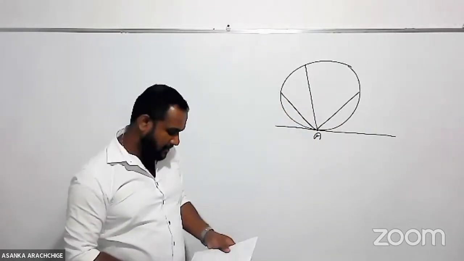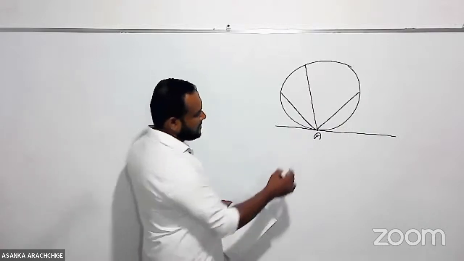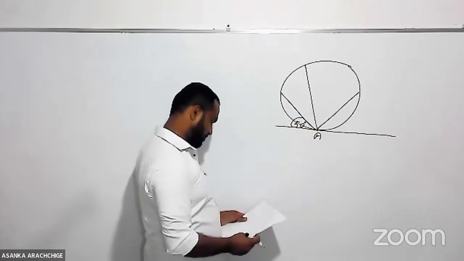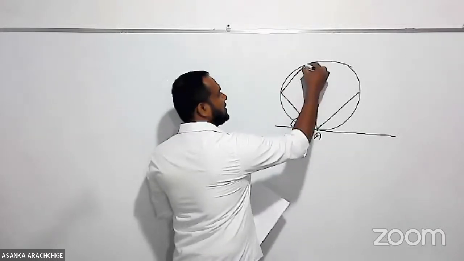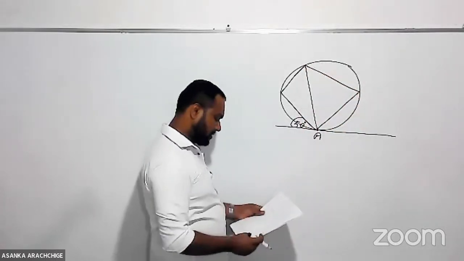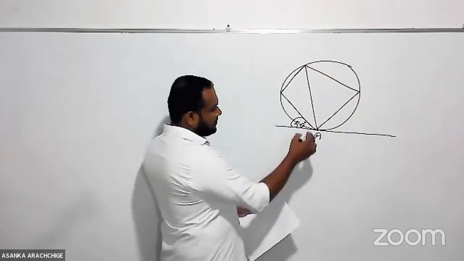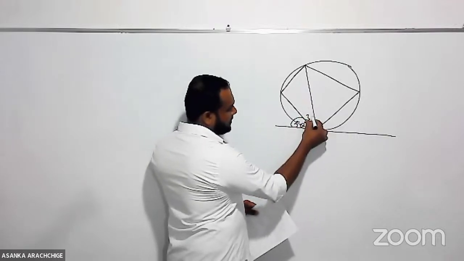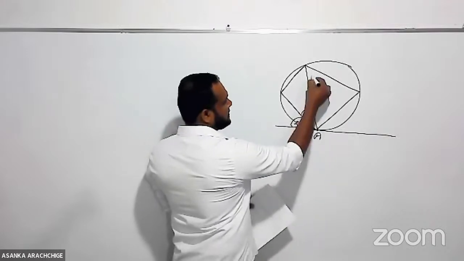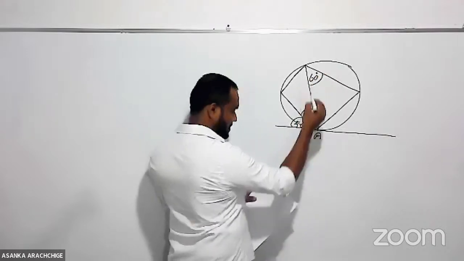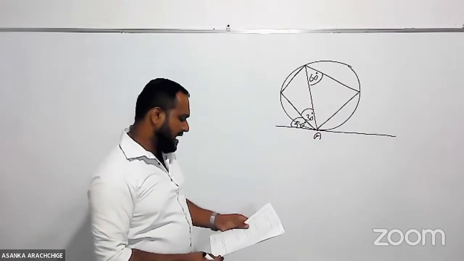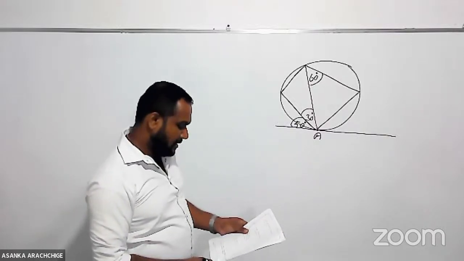This angle is given to be 50 degrees. These two join and these two as well, right? This angle is given to be 30 and this is 60. So we have to find the magnitude of the angle CAD.